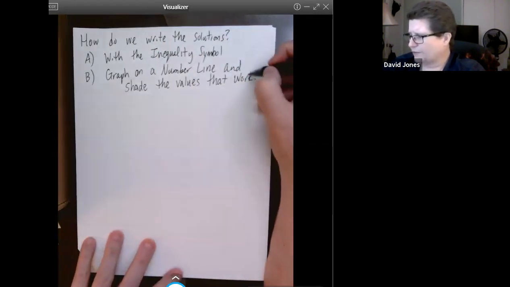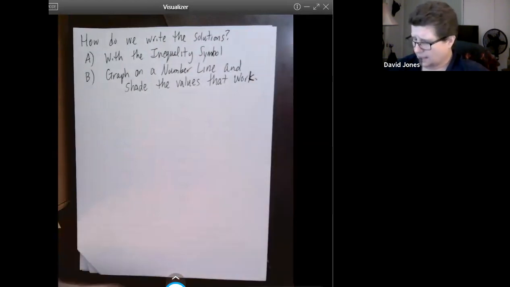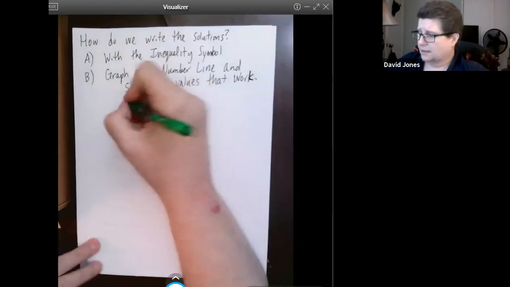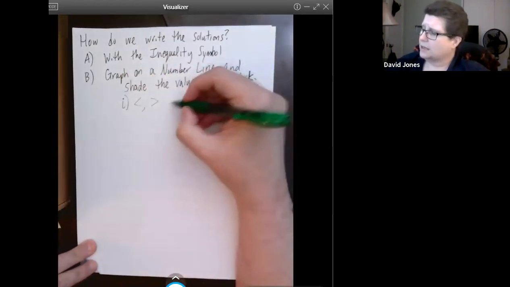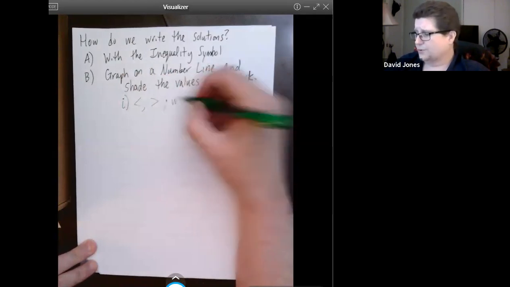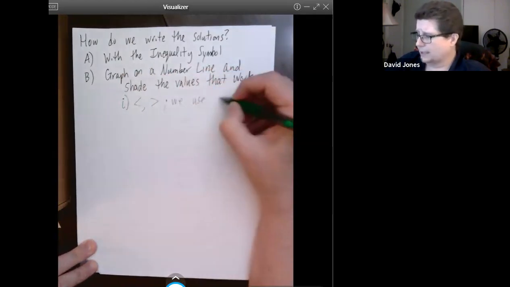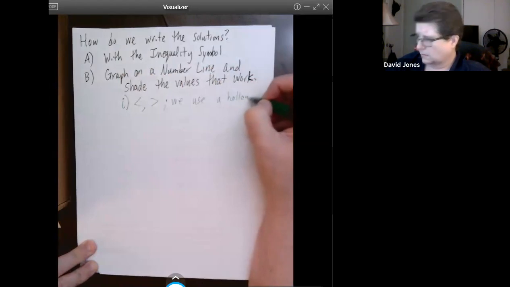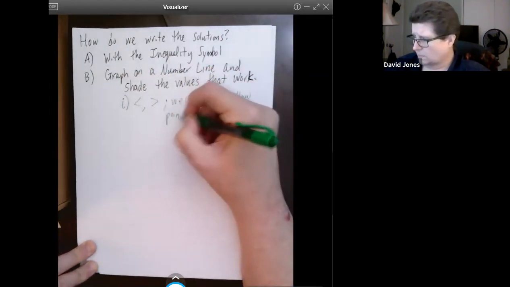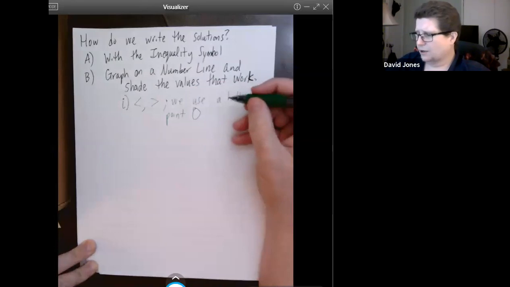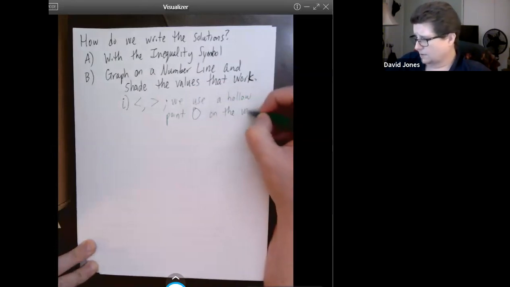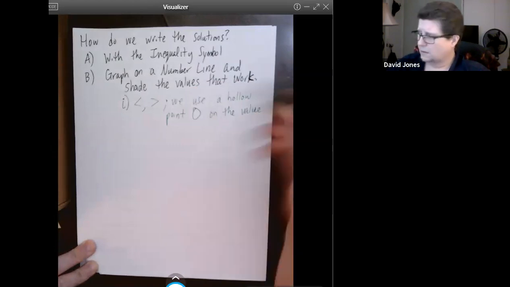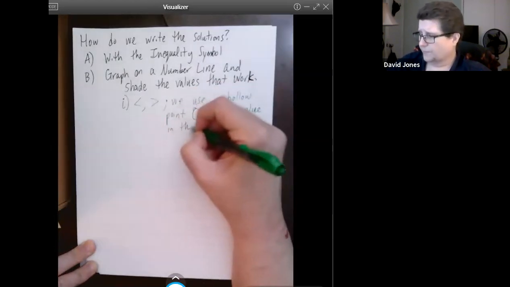If we graph on a number line, for the symbols less than or greater than, we use a hollow point, basically an O, on the value in the inequality.